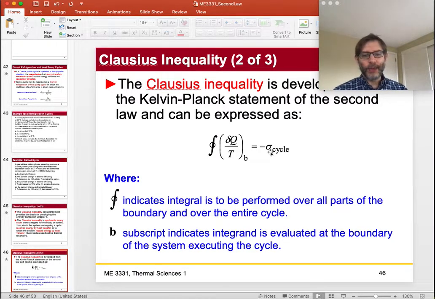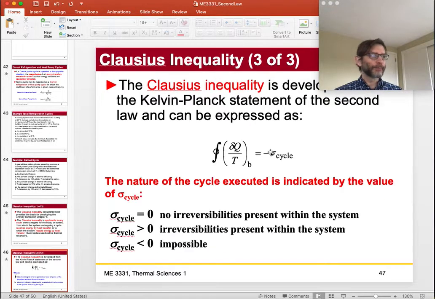The sigma, you might think, okay, what the heck is this sigma? Right now, this eventually is going to become entropy. Right now, we're going to assume that this sigma means like the strength of the inequality or the strength of the equality, right? So how essentially irreversible is this system? That's what we're going to try to figure out.